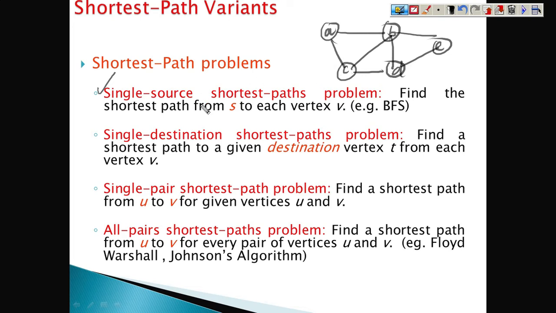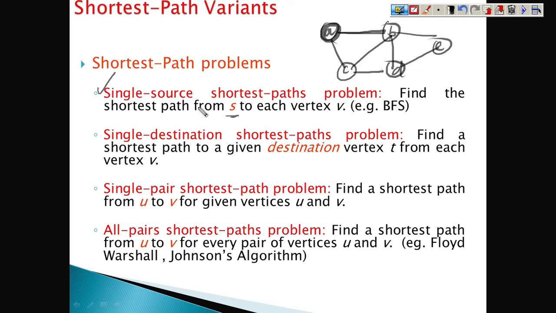This is one graph given to us, and when I say single source shortest path problem, it means finding the shortest path from source S to each vertex V. So our intention is to find the shortest path from one source. One source is defined, and for that source we want to find the shortest path to every vertex. It means I want to find the shortest path from A to B, A to C, A to D, and A to E.